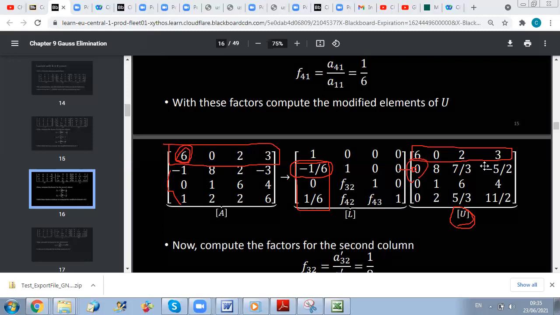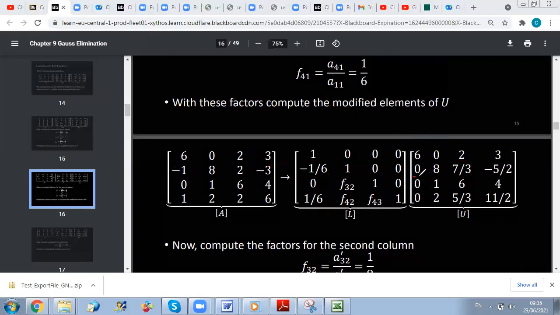You have that this element should be equal to the old value, which is minus 1, minus the factor, the factor is minus 1 over 6, times the element above it in the pivot equation in the same column, which is 6. So times 6. I can verify that it's minus 1 plus 1, it's 0. So I verified that this element should be 0.